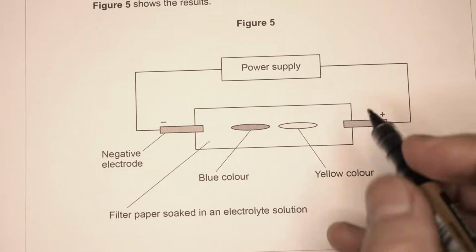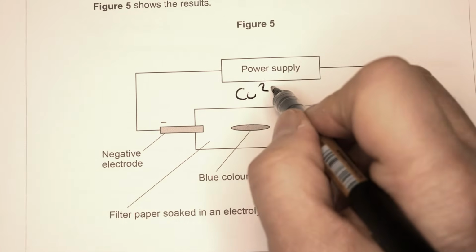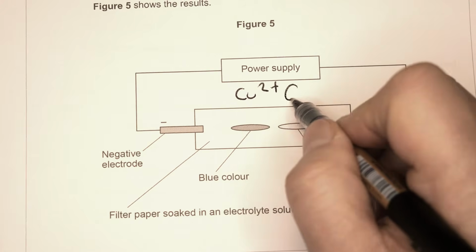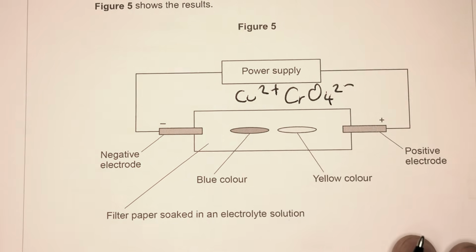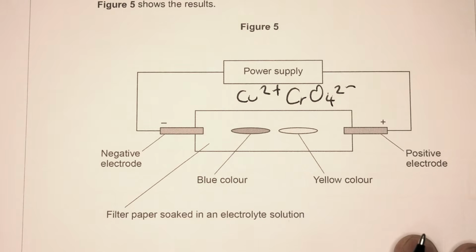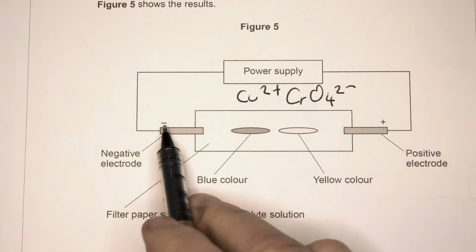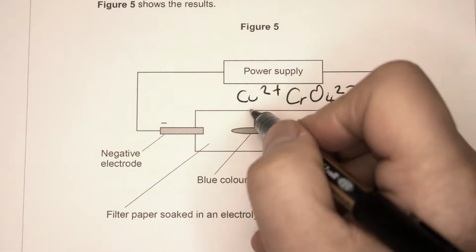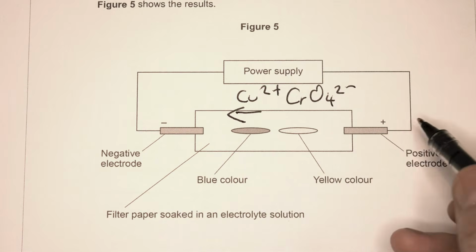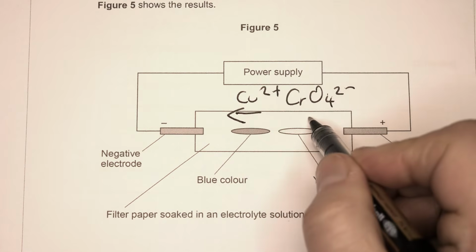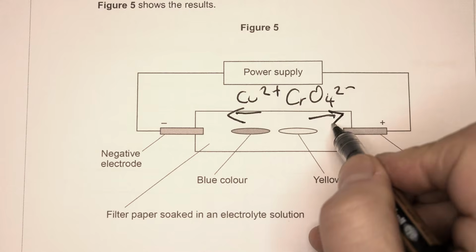So we've got copper ions and we've got those chromate ions, and we've got to remember during electrolysis opposite charges attract. So the negative electrode is going to drag the copper ions that way, and the positive electrode is going to drag the chromate ions this way.